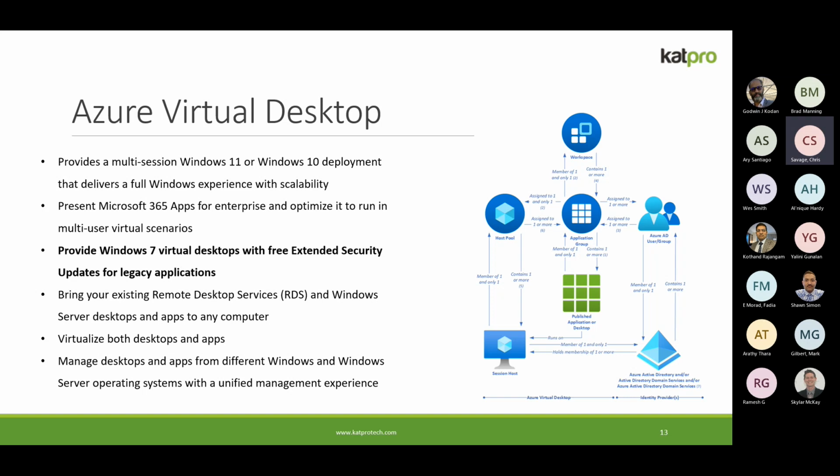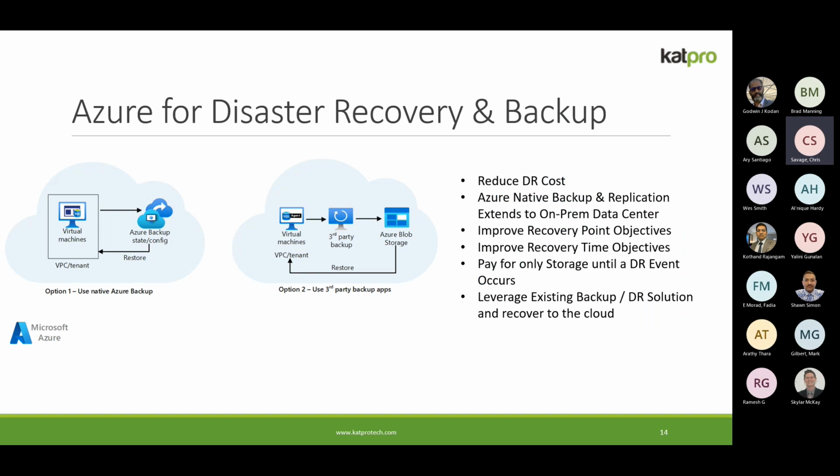There's also a use case if you have Windows 7 legacy applications. You can leverage Windows 7 as a virtual desktop option in Azure with free extended security updates. You can bring your existing RDS services and Windows servers and desktops and apps to any computer in the world.